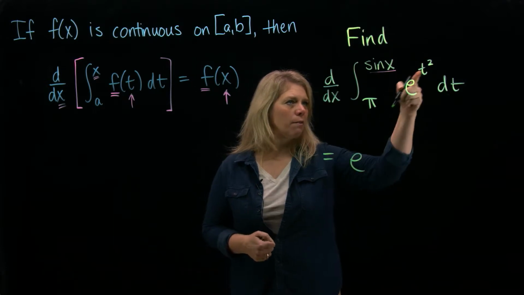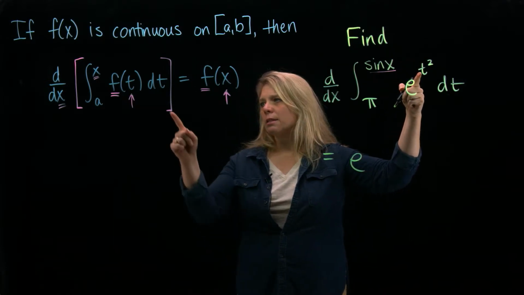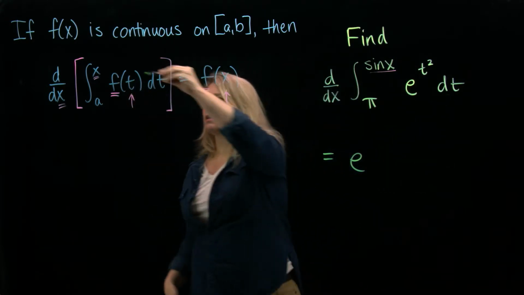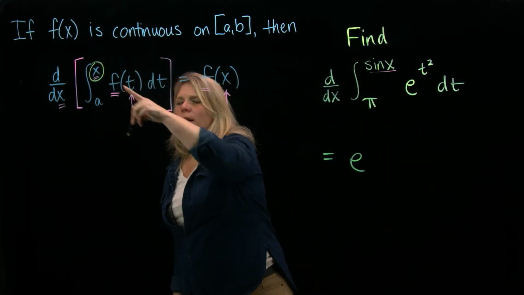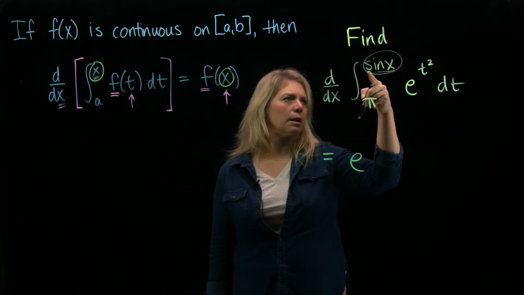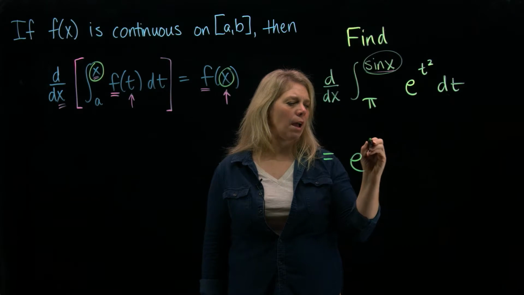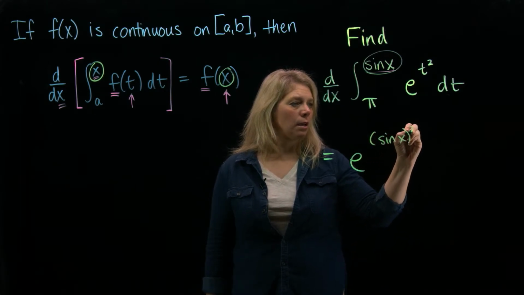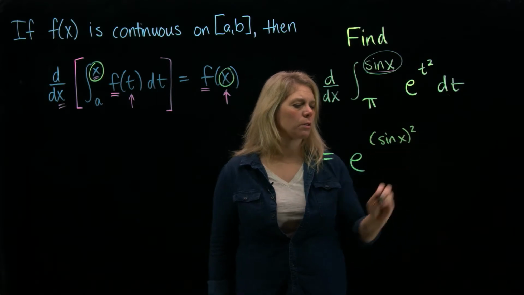So e to my variable squared. And then instead of the input being t, our input is what's up here, x. In this case, instead of x, we actually have sine of x. So I'll have that here as the input for that function squared.